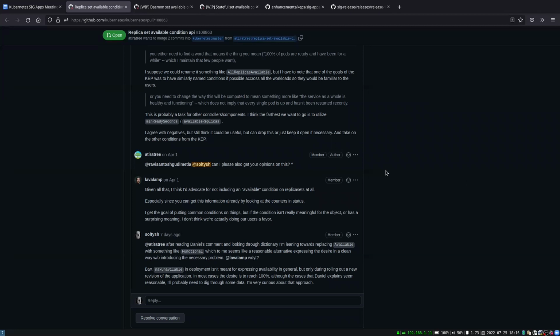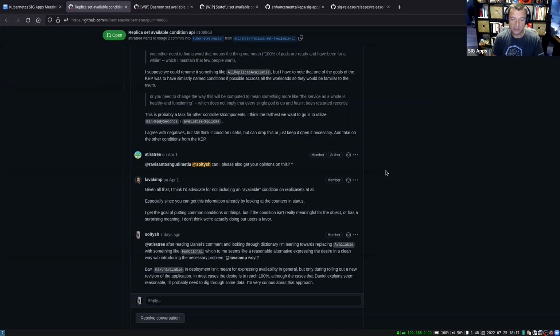Yeah, I'm curious, if we would go with operational or functional, in case of a replica set, what would it mean for our deployment to be operational? Would it get functional the moment the new replica set gets functional?